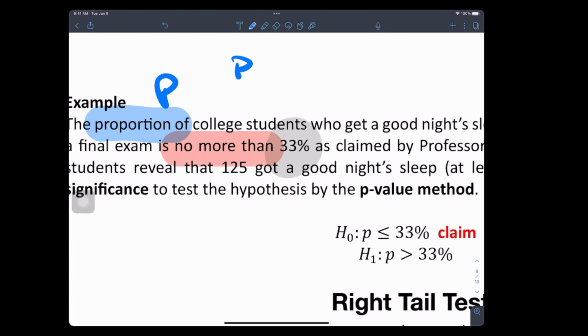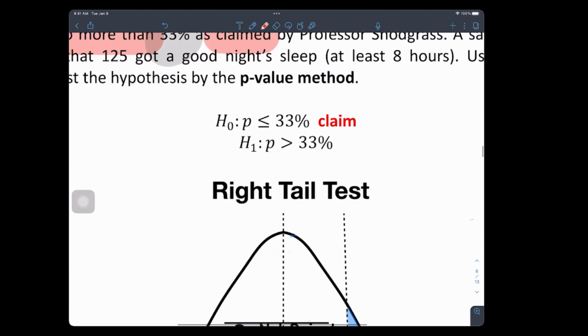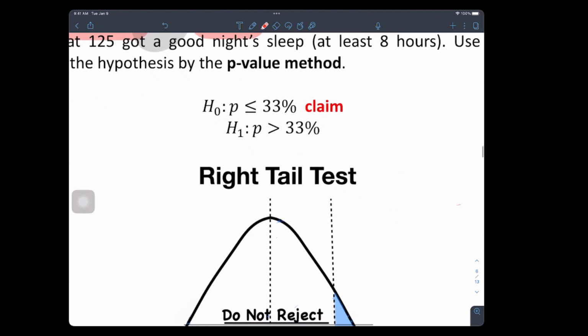What does no more than mean? That's less than or equal. Is that right? Isn't that the claim? What kind of hypothesis is this? Isn't that a null hypothesis? Why is that a null hypothesis? Because of the condition of equality.